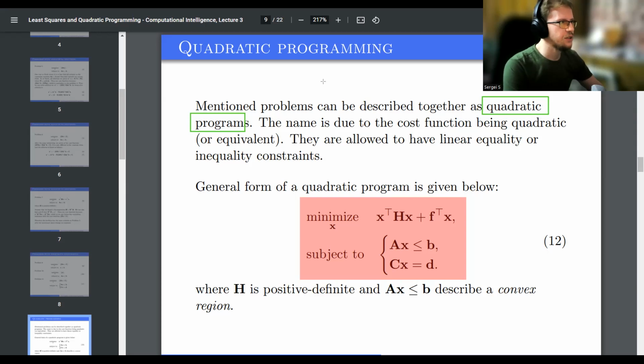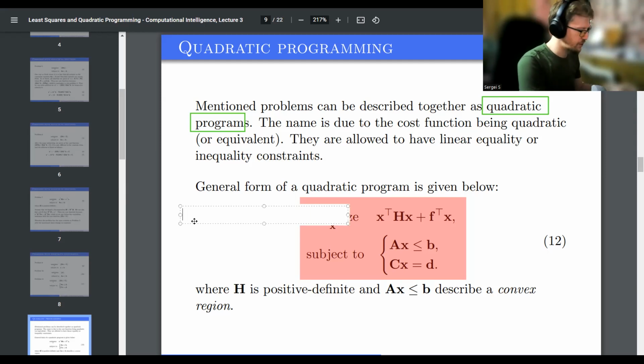This can be solved with one of a few algorithms. Popular ones are interior point methods, and another one is active set methods. Two algorithms. You don't have to worry about it. They are implemented, for example, in MATLAB and Python, where you can solve them using something like quadprog. This function would solve this problem.